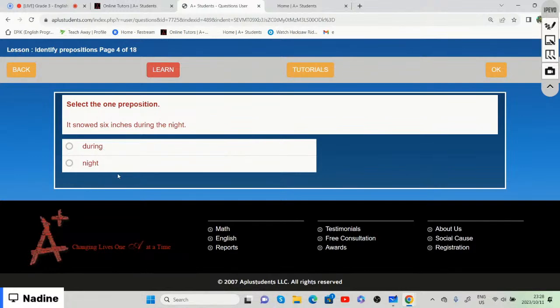Remember we said that our preposition comes before the noun. And that noun or pronoun that comes after the preposition, we call that the object. So it snowed 6 inches during the night. Is it during or night?